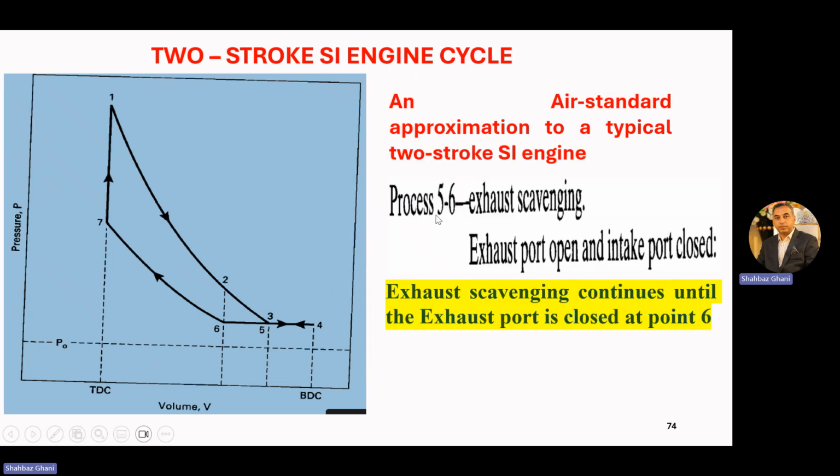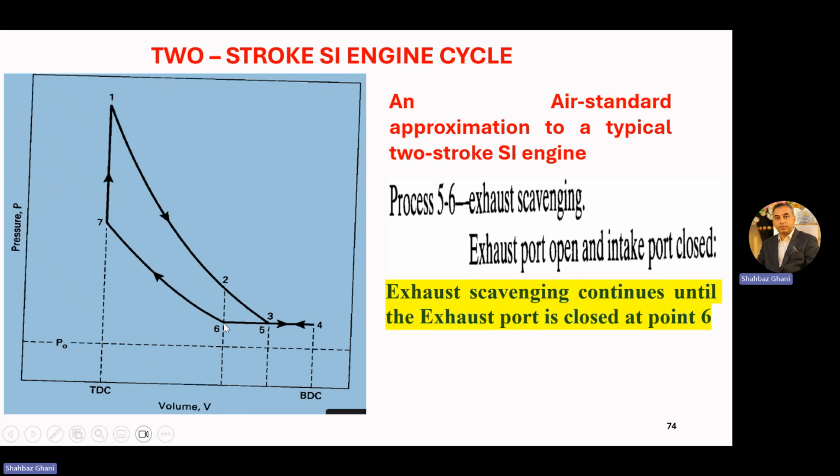Now, from process 5 to 6, exhaust scavenging. At point 5, the intake port or intake valve is closed. The exhaust port is open. We now have a fresh air-fuel mixture here, or fresh air and exhaust gases. The piston is moving from BDC to TDC, pushing the exhaust gases outside.